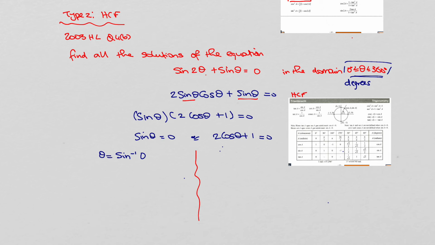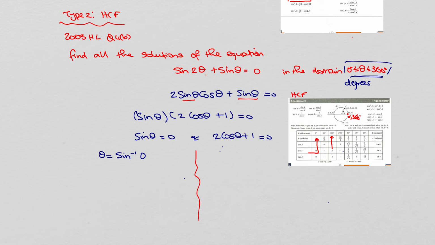So if we go to page 13, we can see that sine inverse of 0 gives me 0 degrees, but it also gives me 180 degrees. And if I'm looking at the unit circle here, 0 is also the same as 360 degrees. So I've gone around 0 and back to 360.